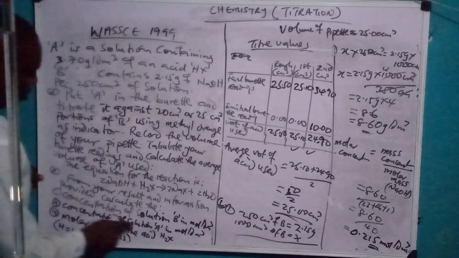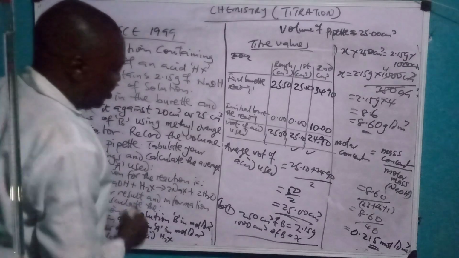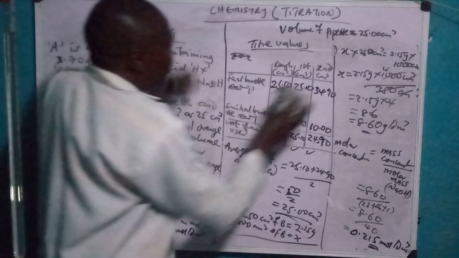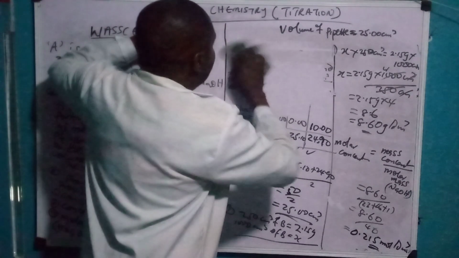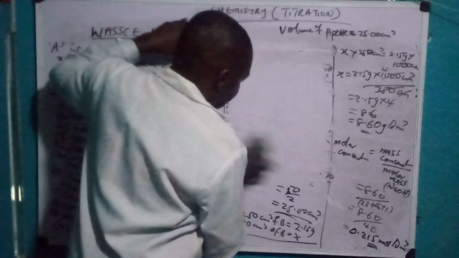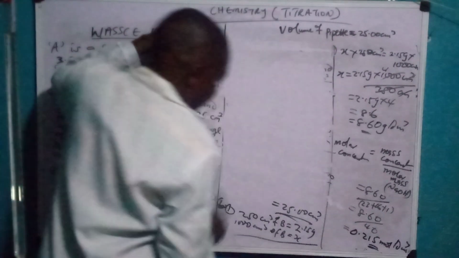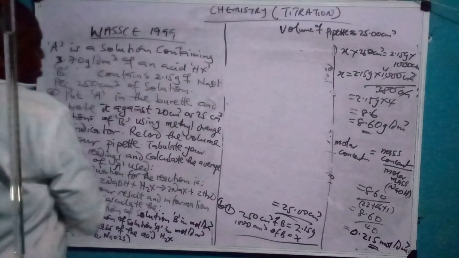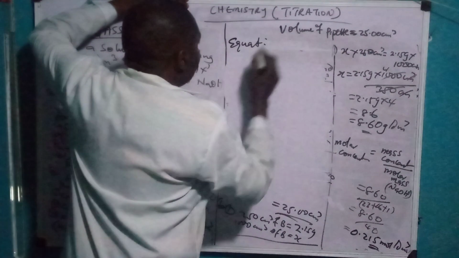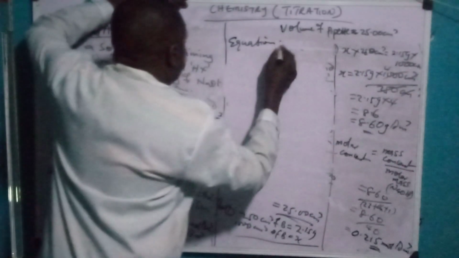Roman figure 2, concentration of solution A in mole per dm cube. This one will now help us to calculate solution A, so we can discard this since we already got what we want. But remember, this value we should not remove yet because of the size of the board. So you now write the equation for the reaction.